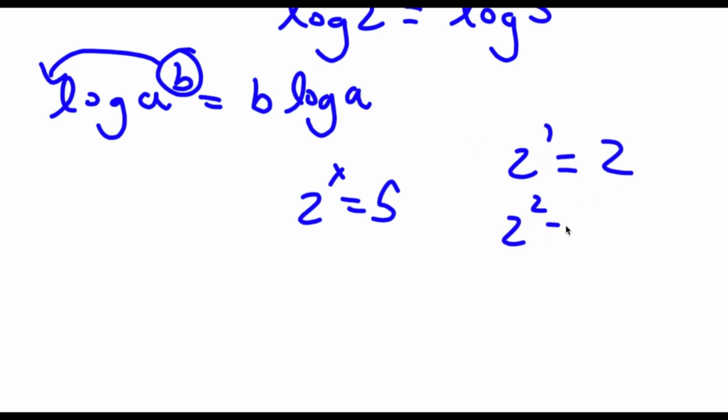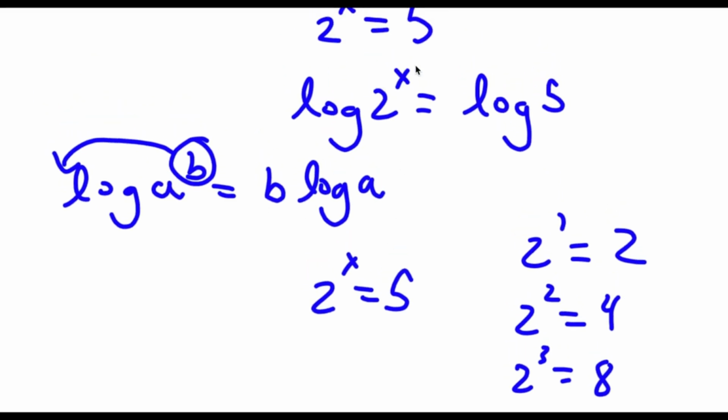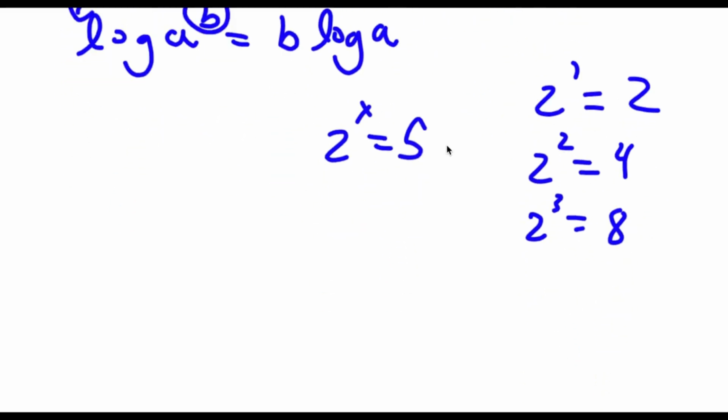And 2 to the power of 2 is equal to 4. 2 to the power of 3 is equal to 8. So 5 is somewhere between 4 and 8, so the value of x is going to be somewhere in between 2 and 3, and it's going to be a decimal. So now by using this property, I can move x to the front, and then now I can find the real value of x, the exact value I mean.